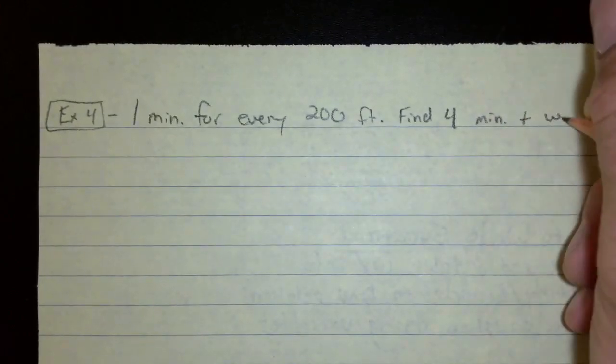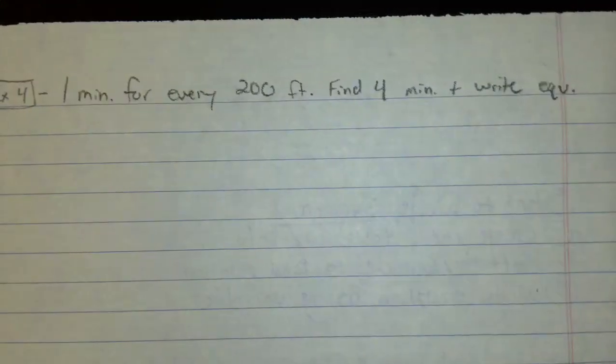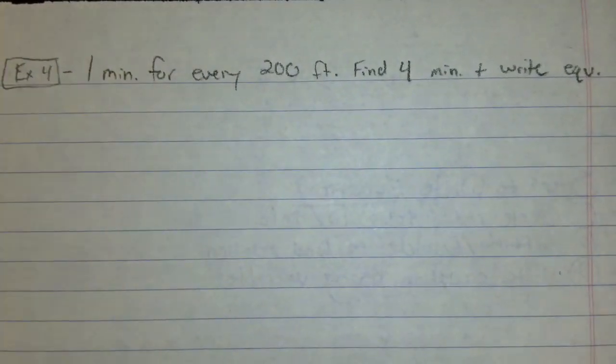And then it also says to find 4 minutes. And of course, write your equation to represent the relationship. Okay? So 1 minute for every 200 foot, find 4 minutes, and write equation.